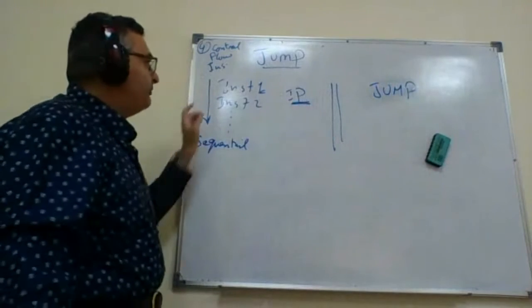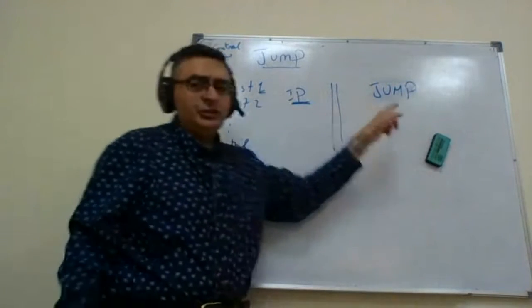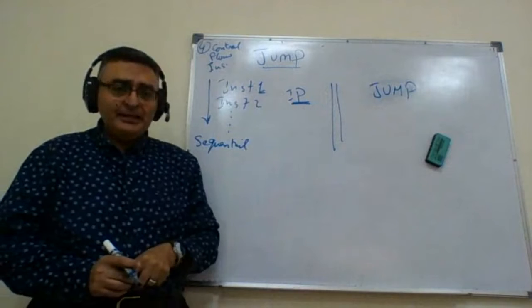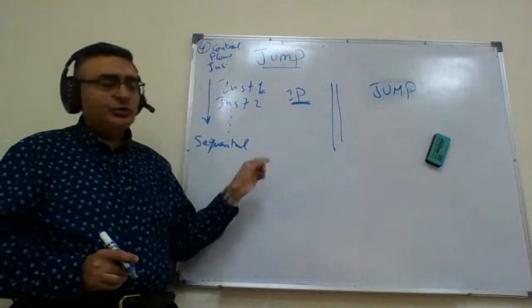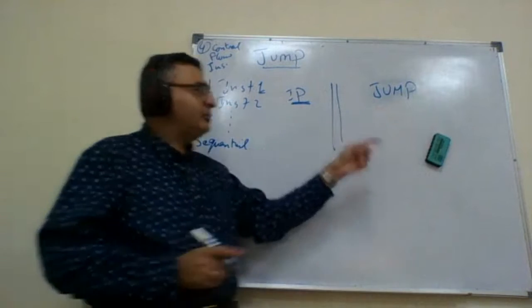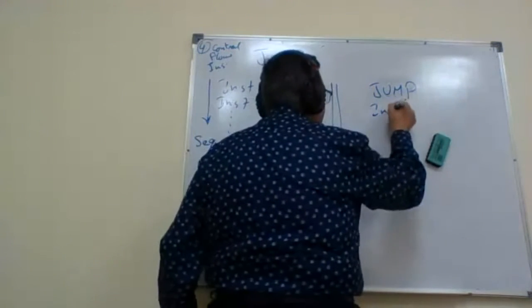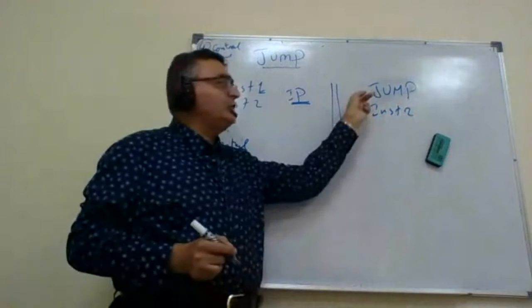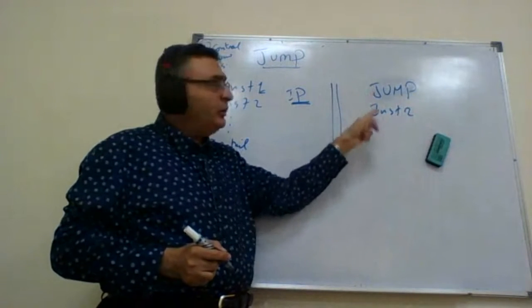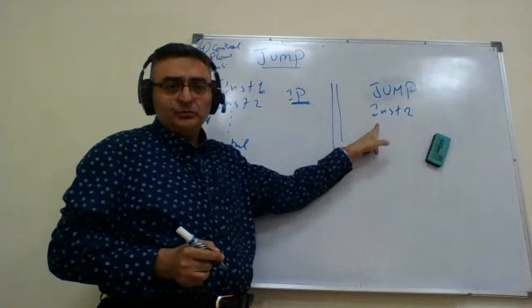What will happen if I encounter a jump instruction? That means the microprocessor will not execute the next instruction after the jump. I have here instruction 2. That means what will be executed after the jump will not be instruction number 2.